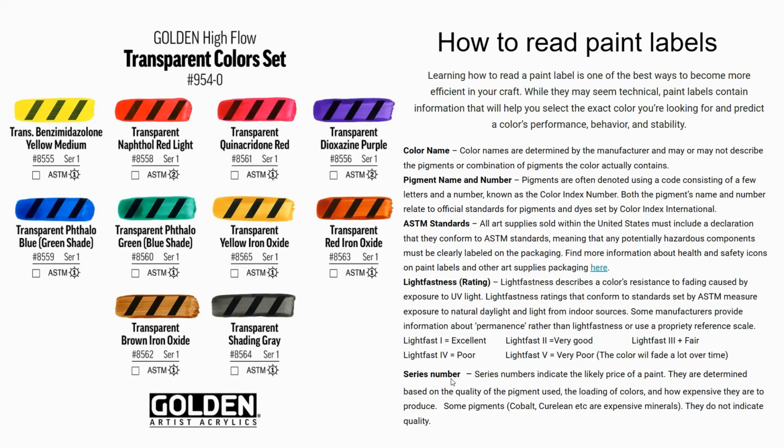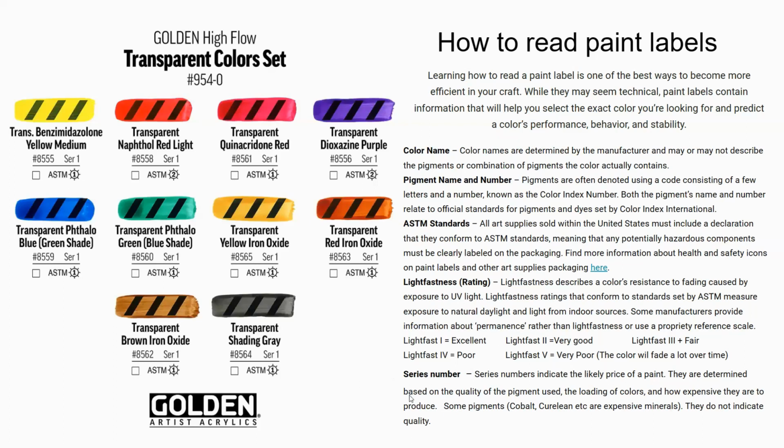And the series number is essentially related to price. The reason it relates to price is because it depends on the cost that goes into making the paint. If we have a pigment like cerulean blue, which is very expensive to produce or to mine, and also the cobalts, they're usually quite expensive, whereas something that is easily manufactured in a lab would be less expensive because it's easier to produce in general.